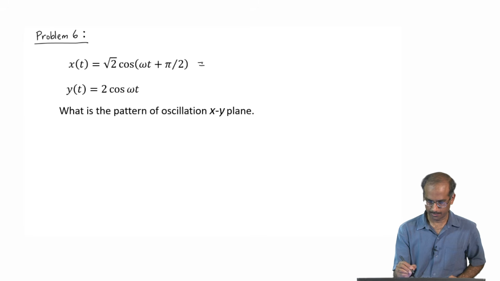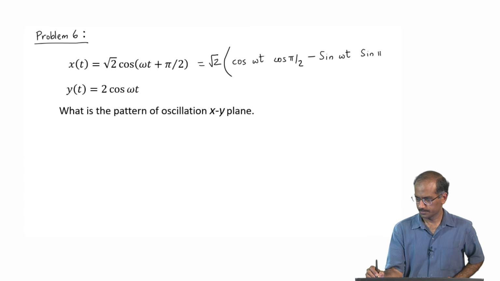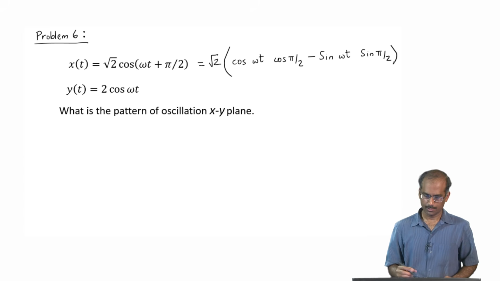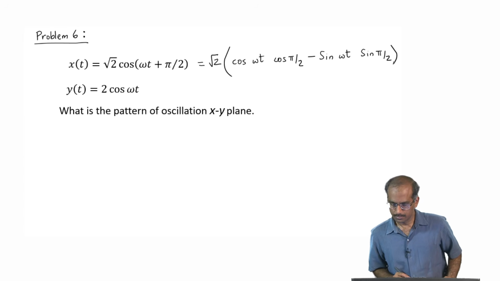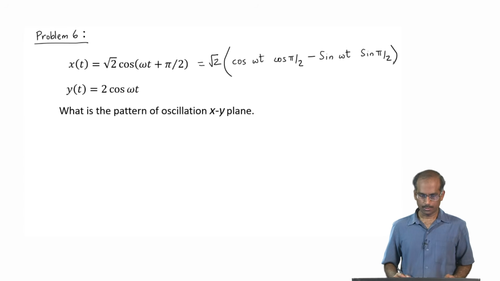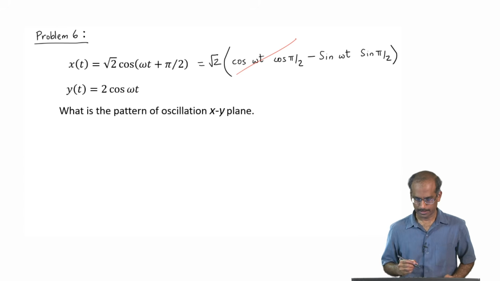If I do that, I will get root 2 into cos omega t cos pi by 2 minus sin omega t into sin pi by 2, and here cos pi by 2 is 0. So, the first term would be cancelled.